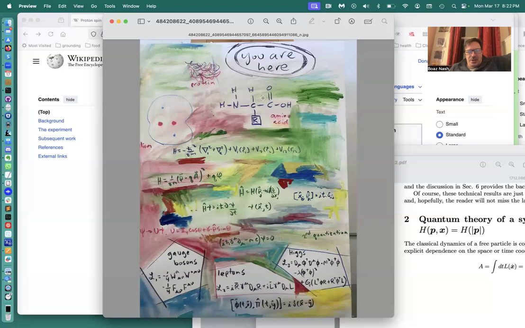You get an amino acid with hydrogen, nitrogen, carbon, oxygen, hydroxide, and an additional R group, and then moving up even bigger into a protein.